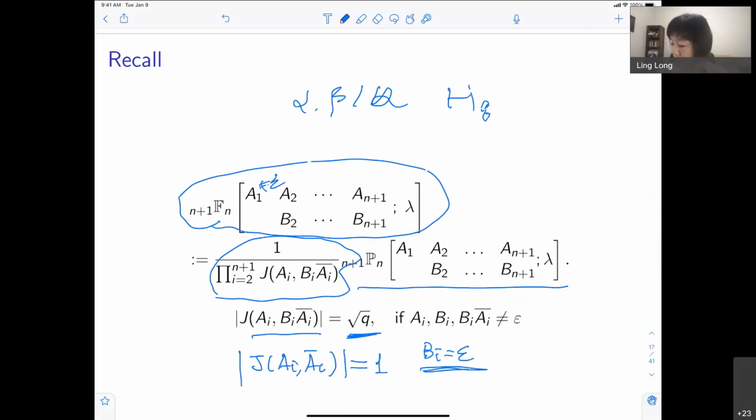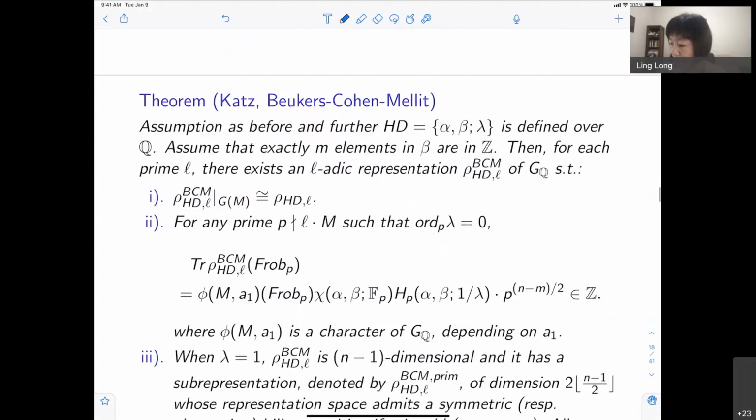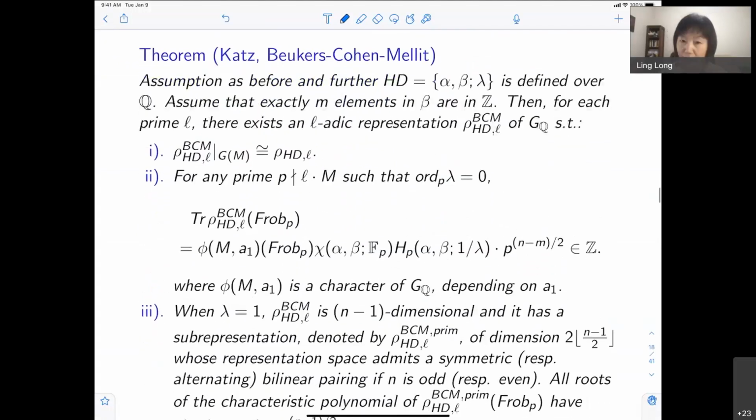All right, so that gets into the next theorem, which is based on Katz's result and uses the BCM toric construction that I mentioned yesterday, giving you after the compactification, the major part, with a bunch of Q factors. The major part will be the character sum for HQ. So that was the result yesterday. Putting the results together as follows: Katz tells you now you have a representation for G_M.